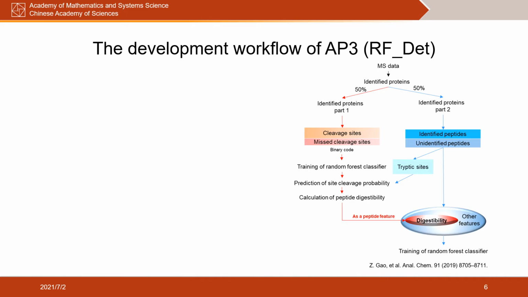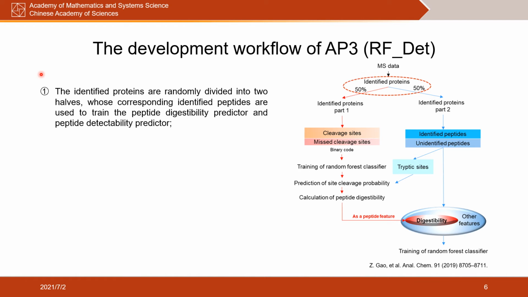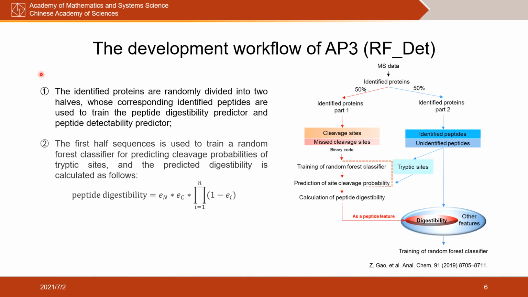AP3 has 2 main components, a peptide digestibility predictor and a peptide detectability predictor. To avoid overfitting, the identified filter proteins are randomly divided into 2 halves. A random forest classifier is first trained to predict the cleavage probability of each site, which are then used to calculate the peptide digestibility. Next, all the 587 physical-chemical features of peptides are calculated.